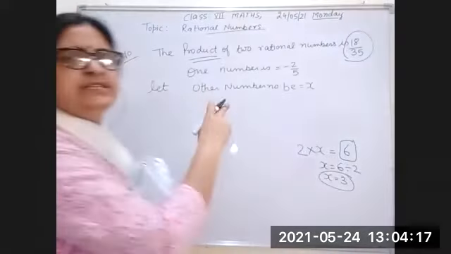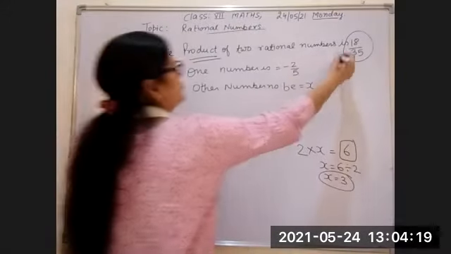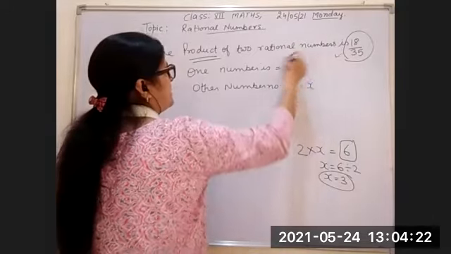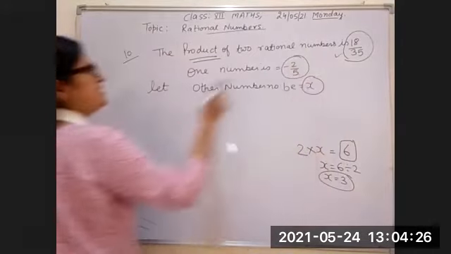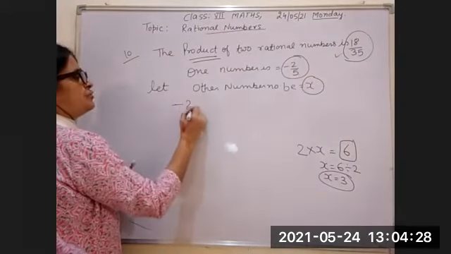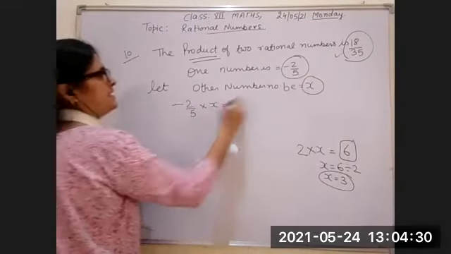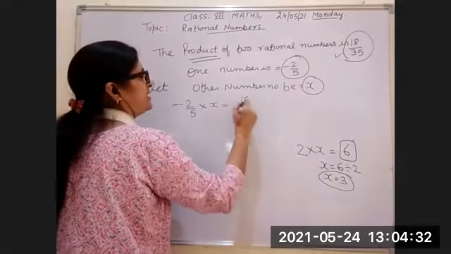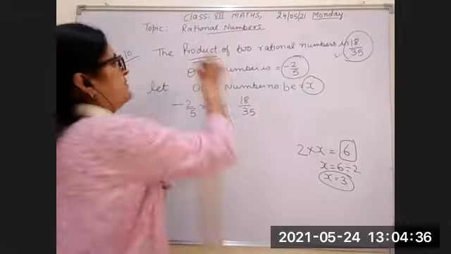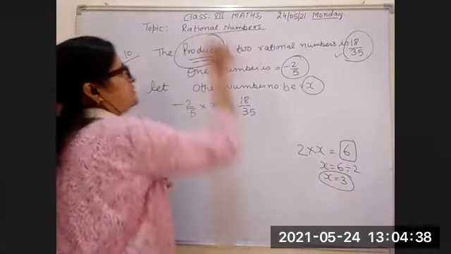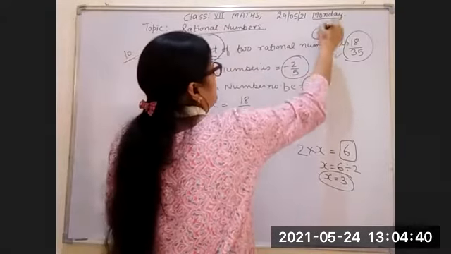The same question is here. You have been given two rational numbers: one number is minus 2 upon 5 and the other number is x. The product of the two numbers is given as 18 upon 35. What do you have to be given in the question? The product. Product means multiplication of two numbers.